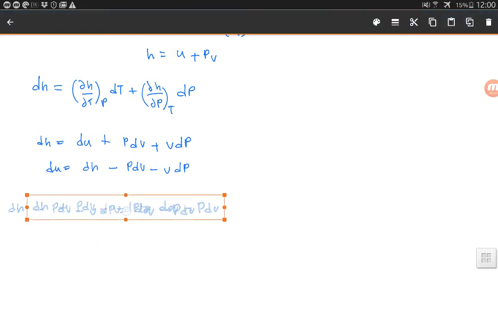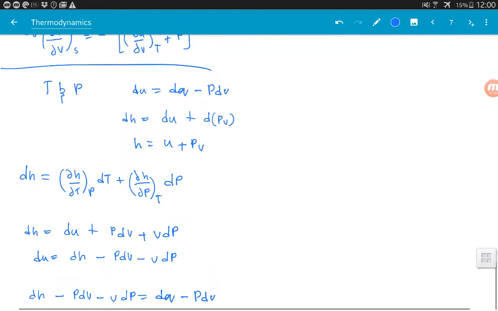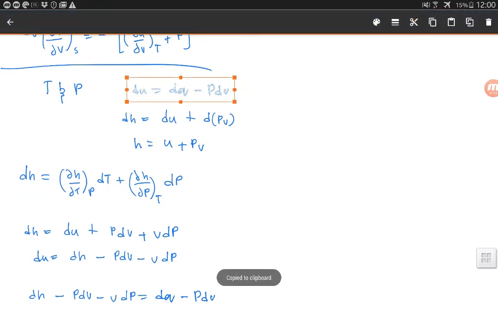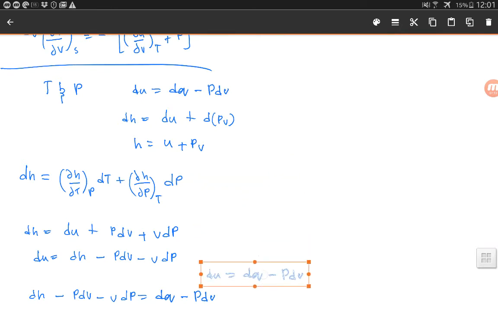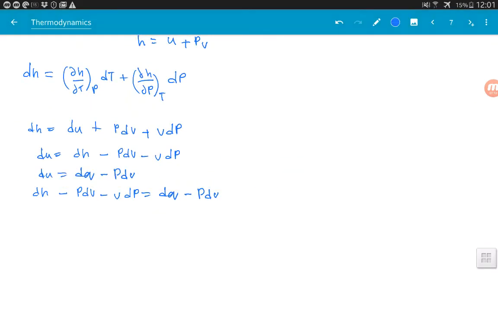Make this a bit centered. So we have this equal to dU, which previously was equal to dU in the first law equation.